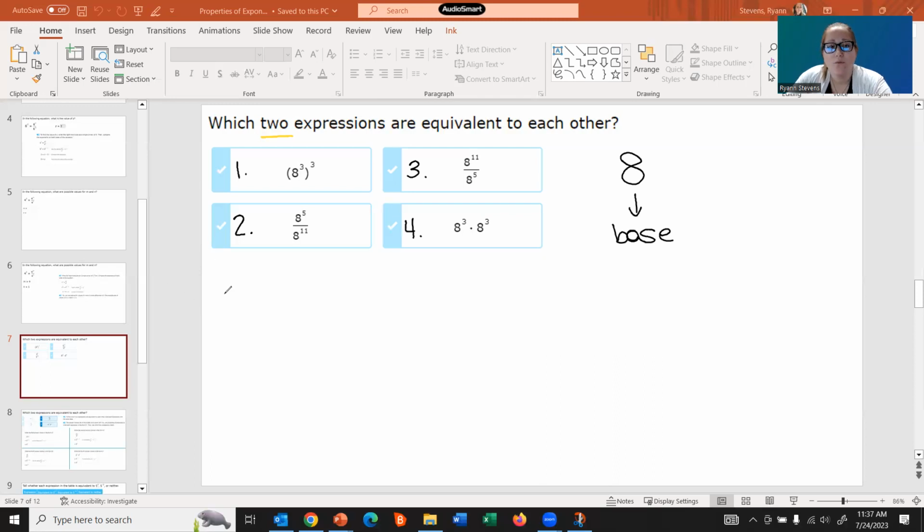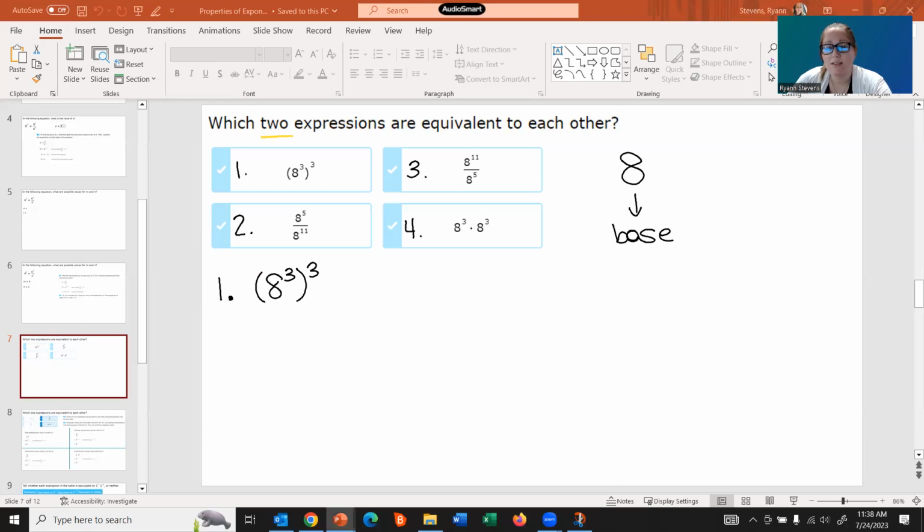So the first expression that I'm going to convert is answer choice 1. Answer choice 1 says we have 8 cubed, and then on the outside of the parentheses, this is to the third power. First of all, what property are we using?